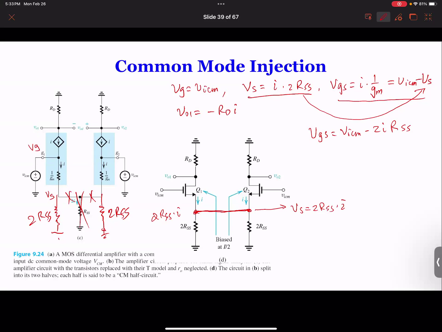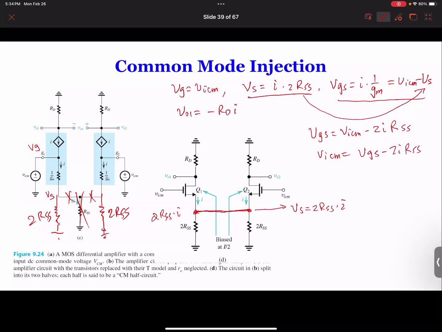So then we have VGS, VGM. So we can get VICM equal to VGS minus 2I times RSS.